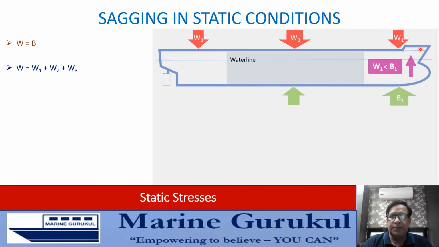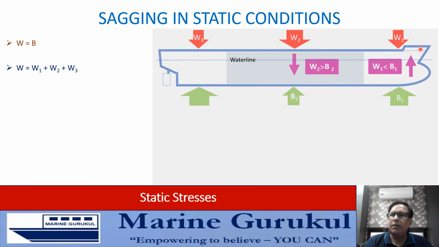In the midship region, the buoyancy may still be the same. This B2 is the same as the B2 earlier. Now, this B2 has fallen short of W2 because of higher concentration of the weights amidships. That means now in the midship region, W2 is greater than B2. Therefore, there is a resultant downward force in the midship region.